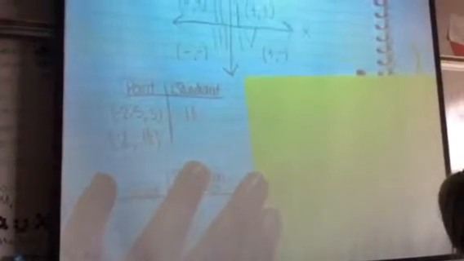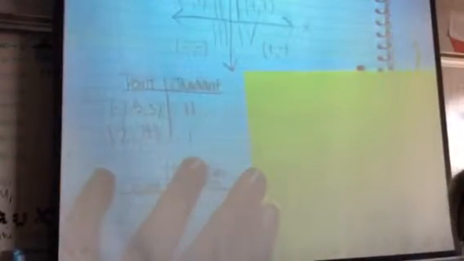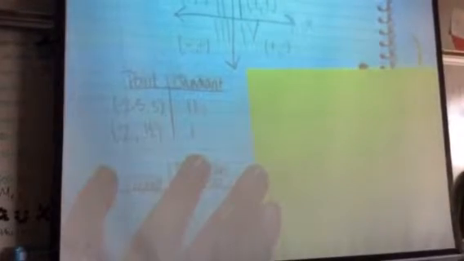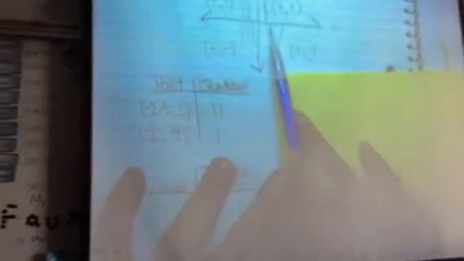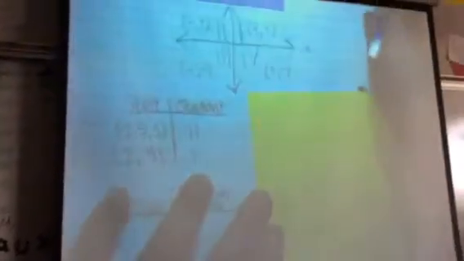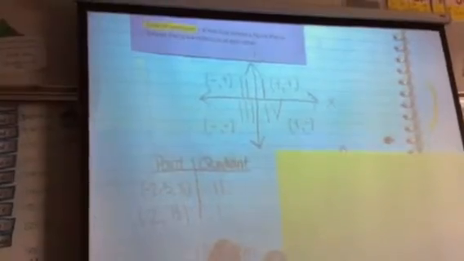Okay, tell me which one it is. 1. It's in quadrant 1. Okay, so that's the first part of your assignment. It's quadrants. Thumbs up if you know how to work quadrants. Not hard, right? So now I want to talk to you about the second part of our assignment. Oh, and on the side we're going to write quadrants so that way we know in our math journal what part it is.